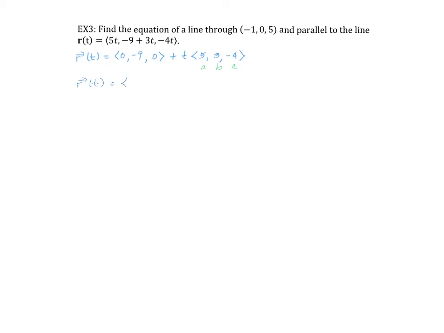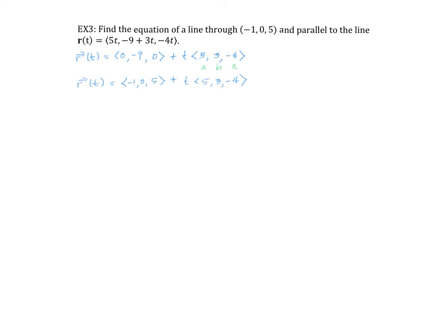So it's going to be the vector -1, 0, 5. And I'm going to add it to the same direction vector. Right? So the only difference between these two is it's passing through different points, but they're going in the same direction. These are parallel.